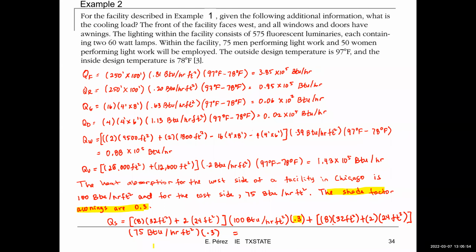And again, this 0.3 is the same shade factor, now applied to the east side. And this QS equals 0.16 times 10 to the 5th BTUs an hour.